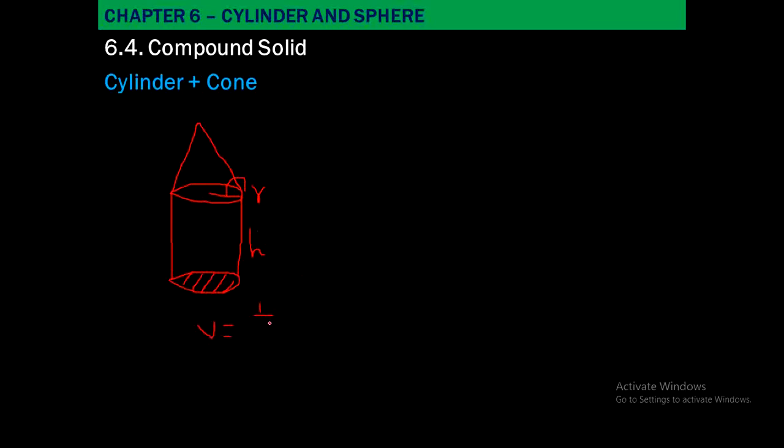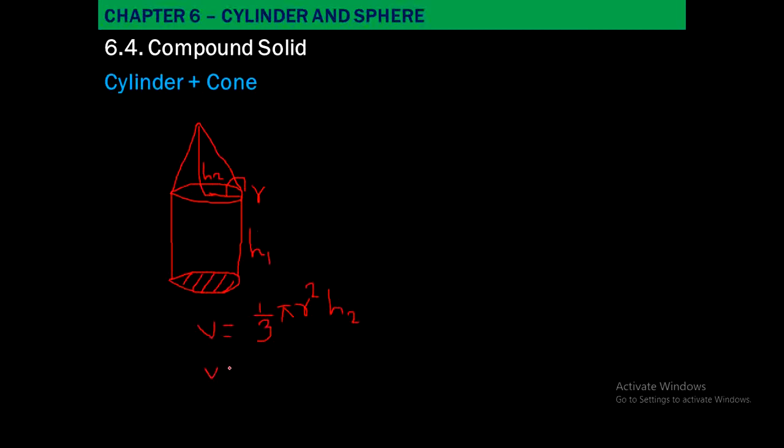Now, volume of the cone equals 1/3 pi r square. Suppose this one is S2 and this one is S1.